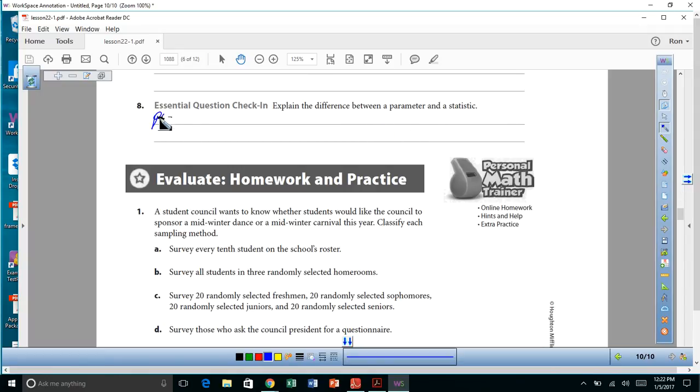A parameter is a number that summarizes a population.